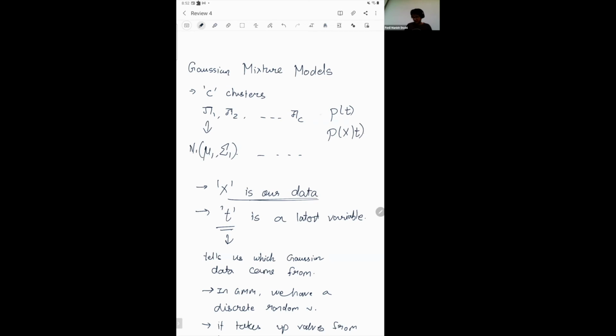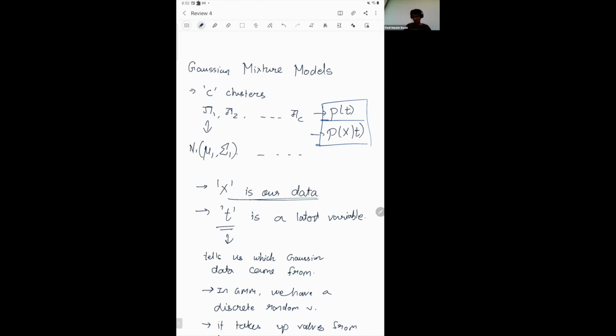These two are the main modeling assumptions that we would always make. They are not given to us, but we impose them and we know them already, because choosing P of T and P of X given T dictates our model.